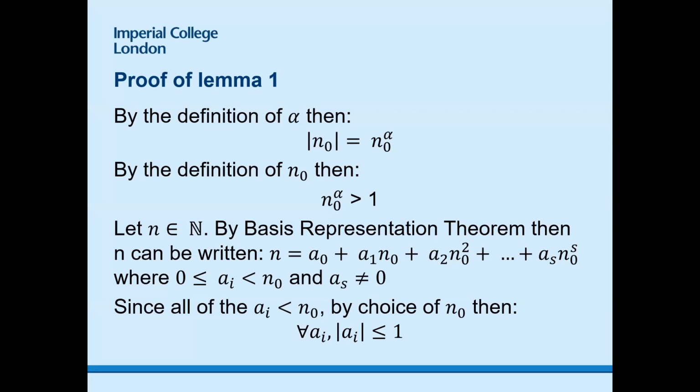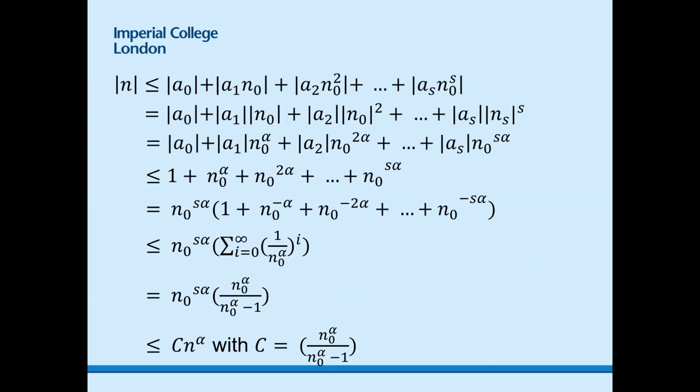By the choice of this, we can observe that the norm of any ai is less than or equal to 1, because n naught is the smallest number whose norm is strictly larger than 1. So if ai is less than n naught, then the norm of it is less than or equal to 1.